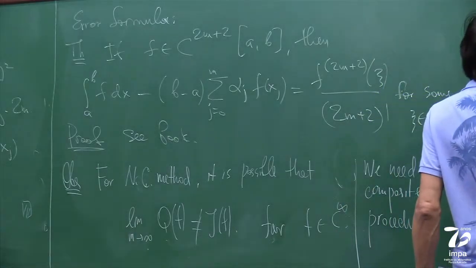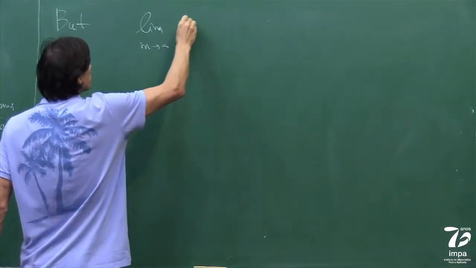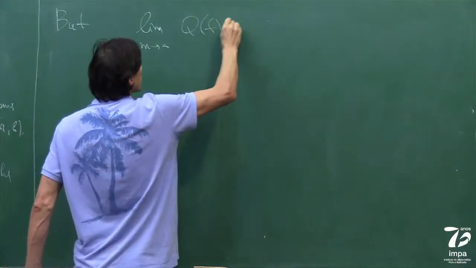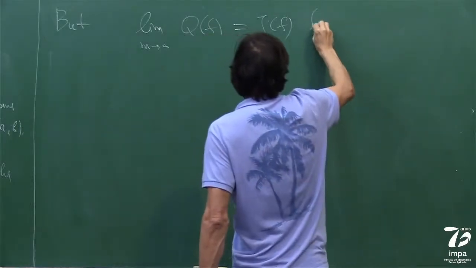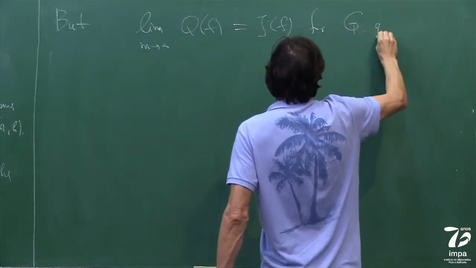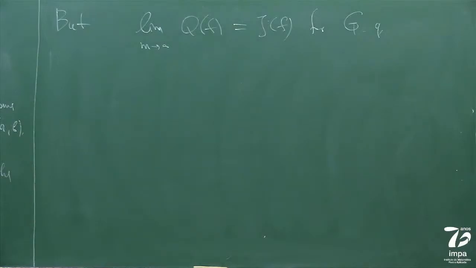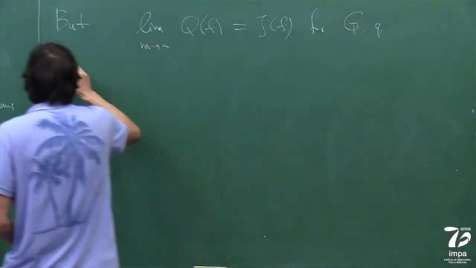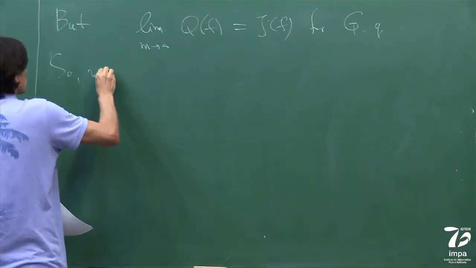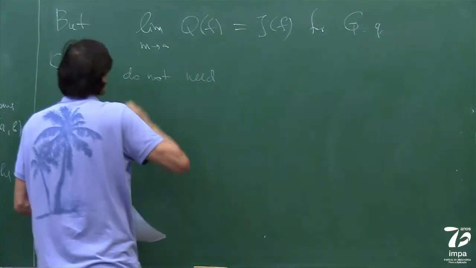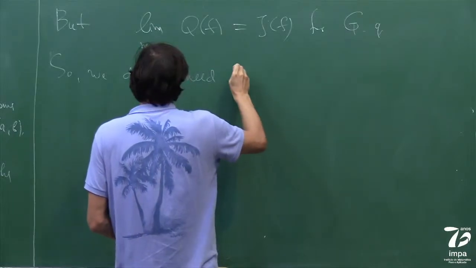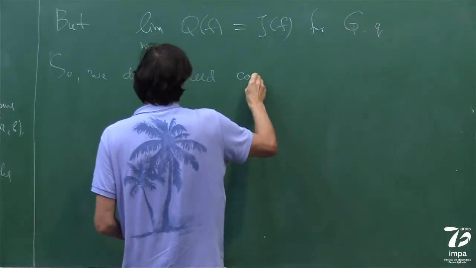But the limit as m goes to infinity of the quadrature of f is the integral for Gaussian quadrature, which is very nice, because if it converges, in principle we do not need this composite procedure.